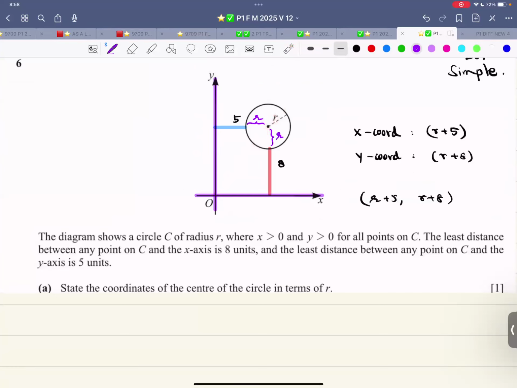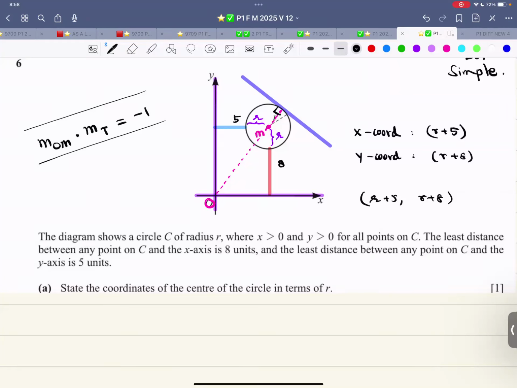If I talk about the origin, if I have this point that is M, and whatever the gradient is up till here, if I draw a tangent over here, a thin tangent like this, then the gradient of OM and the gradient of the tangent should be negative reciprocals of one another, or the product should be -1.